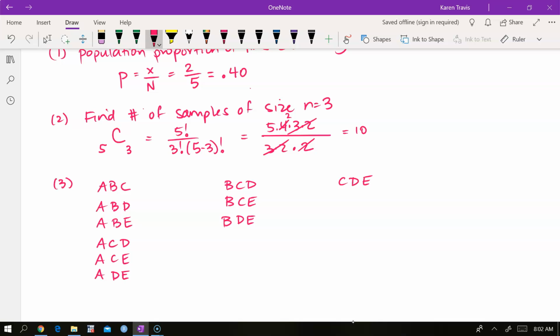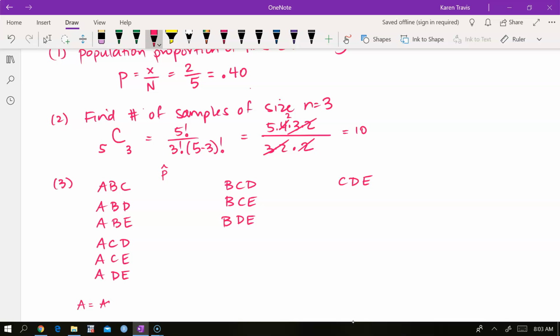After creating all the possible samples, each sample needs a p-hat, or the proportion in that sample that had arson as a cause. I'm just going to list below here so it's easier to see on the screen.